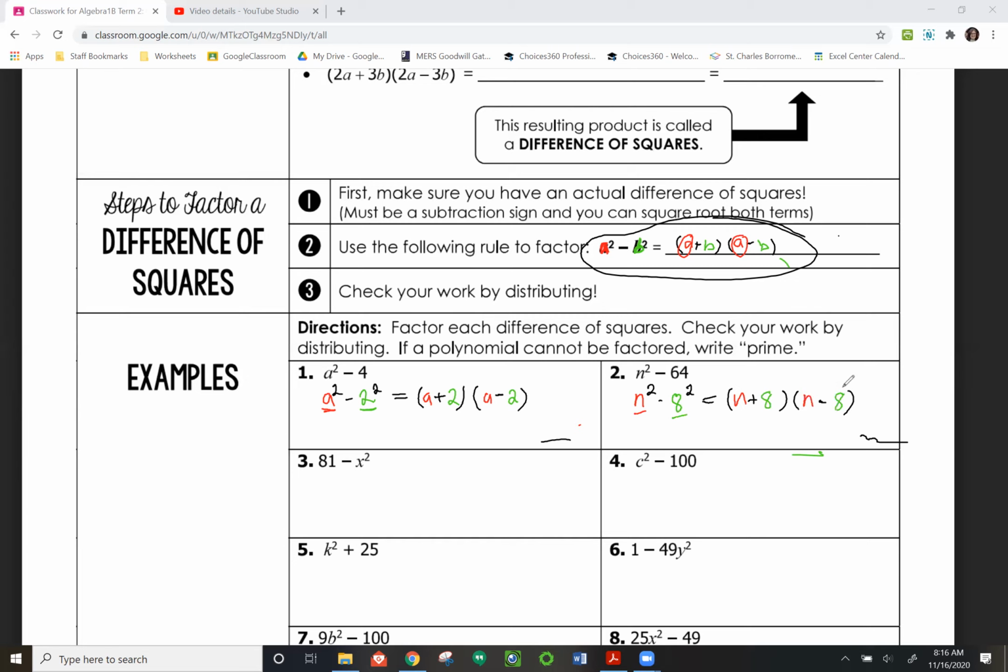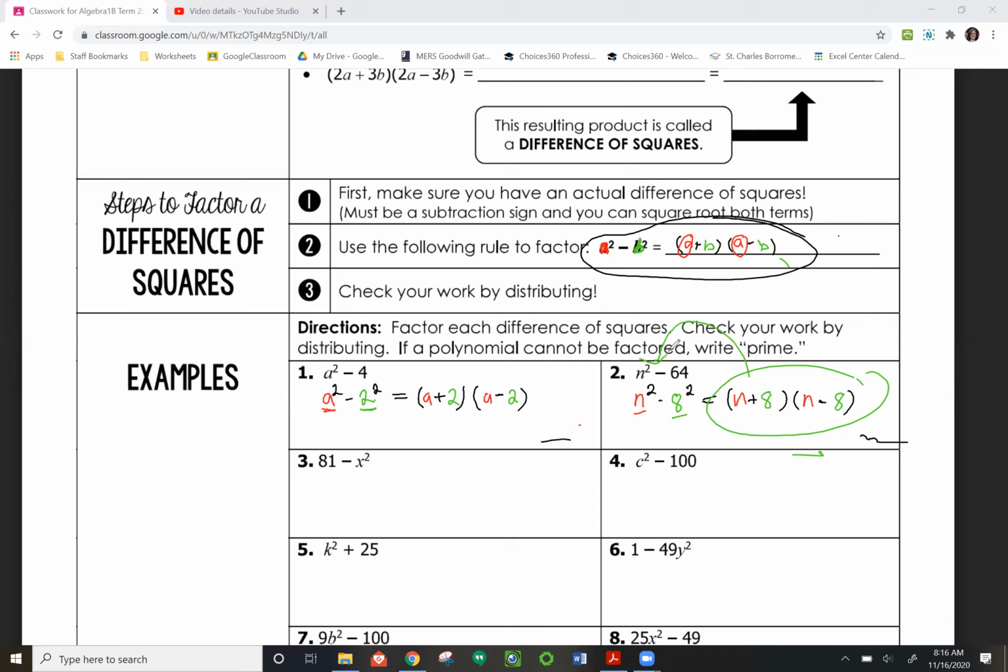And so if you're uncertain about this, check and see if this works out, okay? Go back the other way, distribute and check your answer. See if after you're done distributing this, do you end up back with n squared minus 64? And you will, okay?